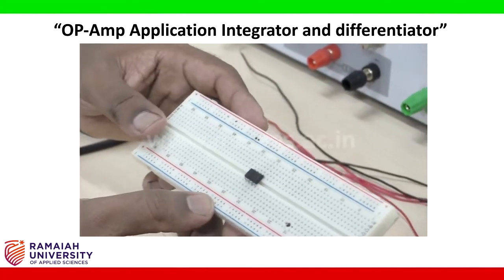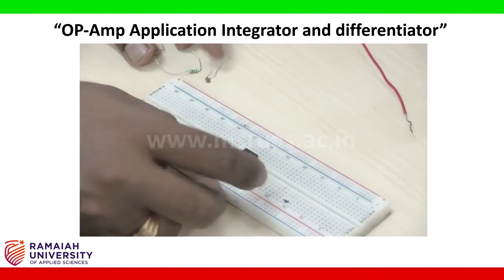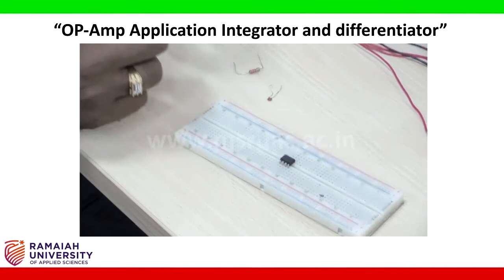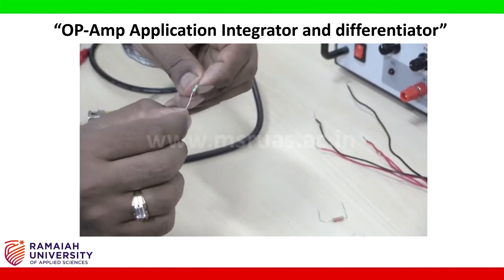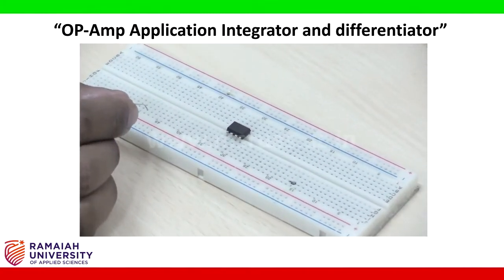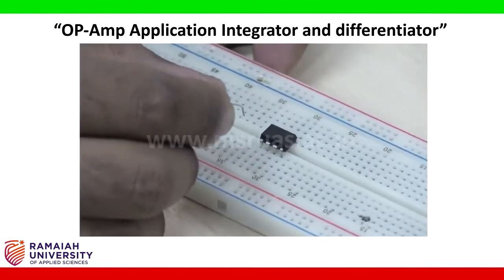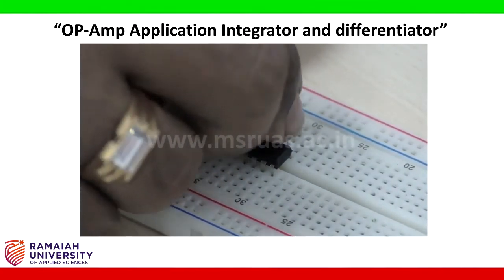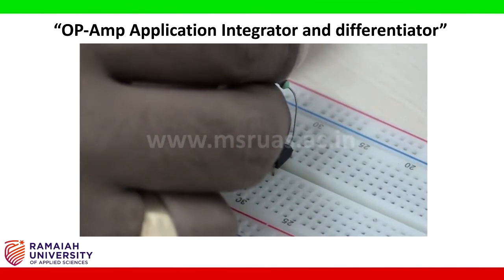Now I want to connect this 3.3 kilo ohm resistor to pin number 2. This is pin number 2. I connected it somewhere in the circuit board.